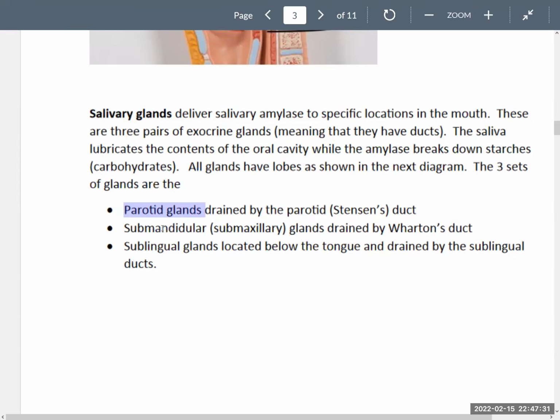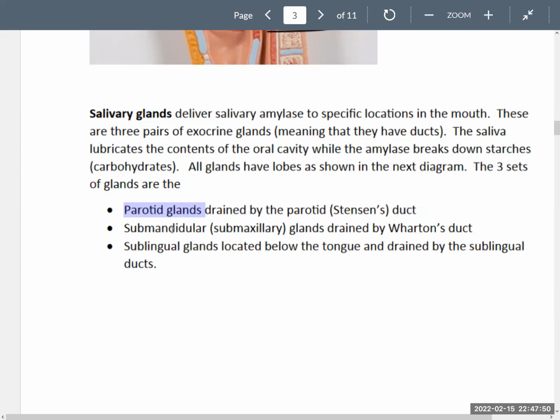The submandibular glands, if you find the angle of your mandible, you remember the angle, put your thumb underneath and push up, you're pushing up against the submandibular glands.